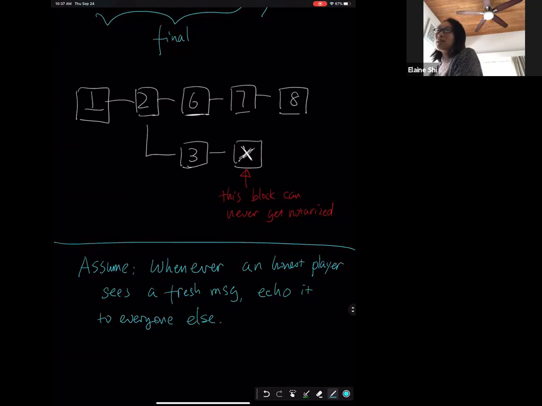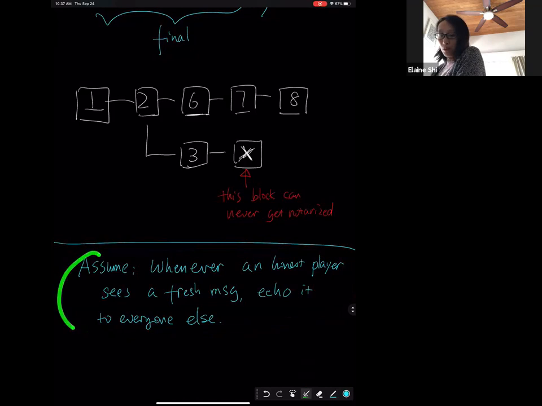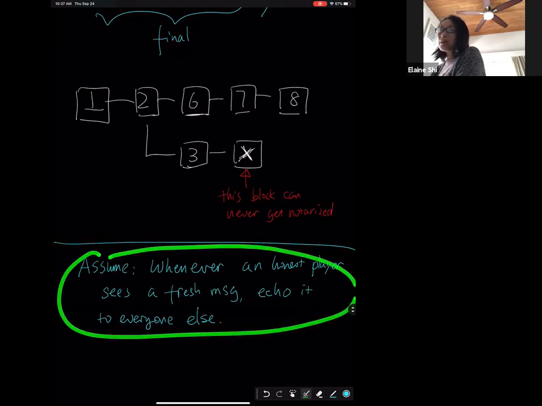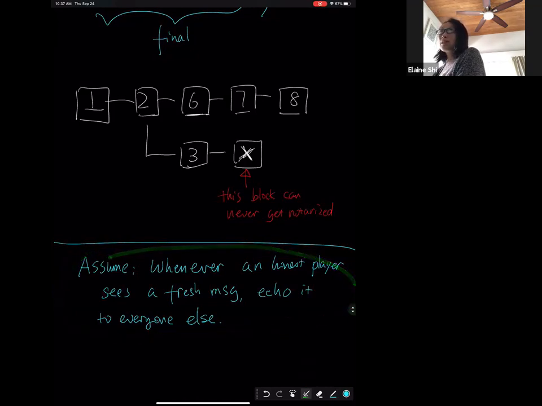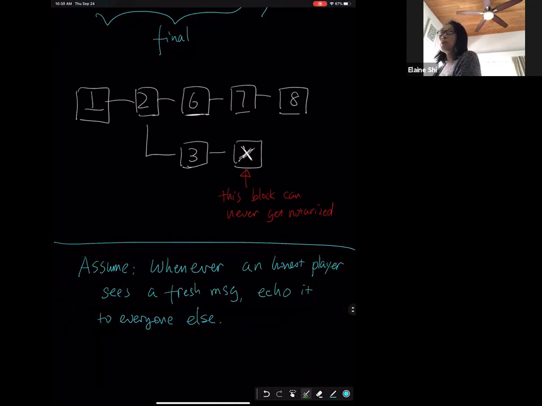So implementing these protocols is something you need to make sure of when you implement the network layer. Oftentimes you don't want to implement it exactly like this, but the network layer essentially needs to guarantee this. Of course, you don't echo duplicate messages. If you have echoed it once, you don't do it again.